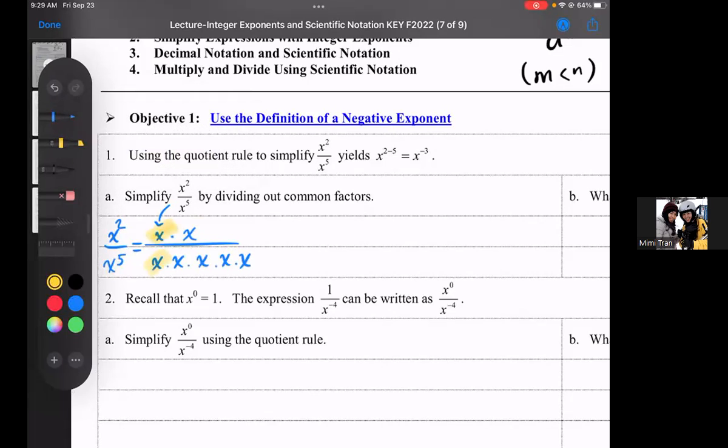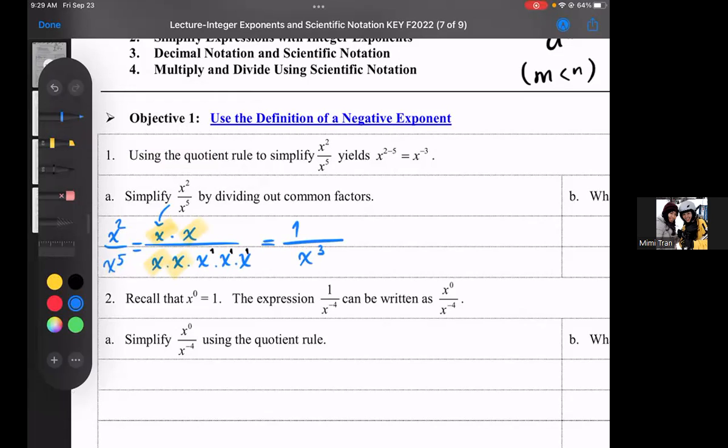That with that, that with that. So what do I have left on the top? 1, good, not 0, right? 1. And on the bottom is x to the third, very good. All you do is add the little ones, so x to the third. Okay, so x squared divided by x to the fifth is 1 over x cubed.